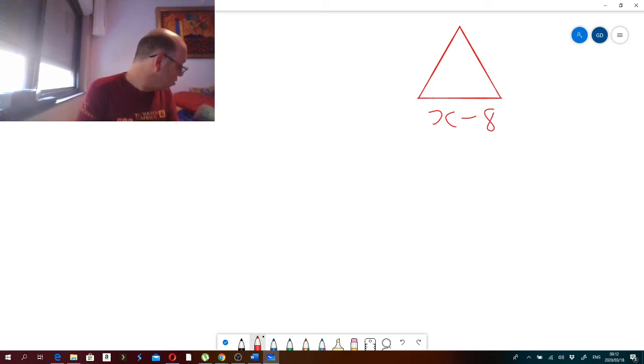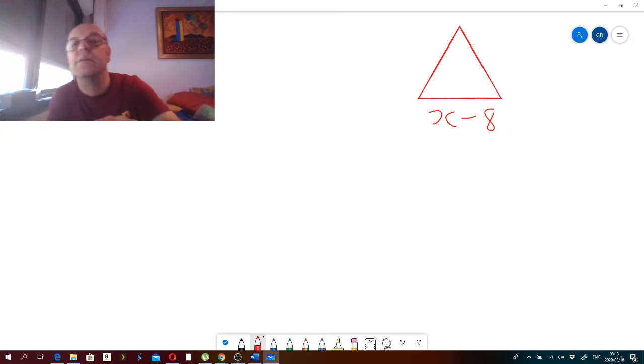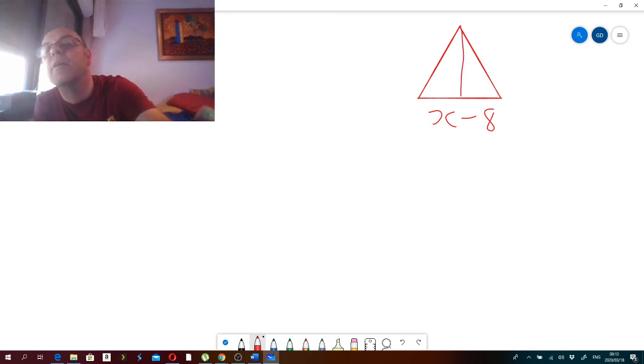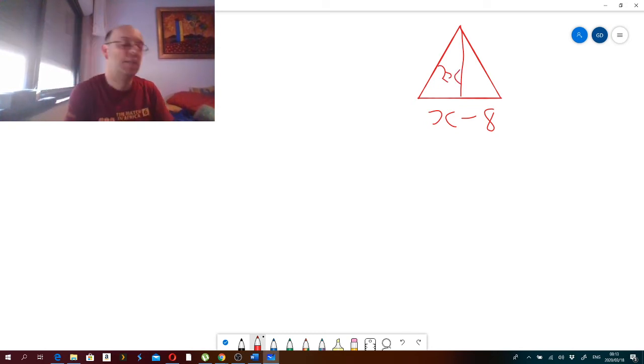And the height of 2x. Okay, so if we draw in a height here, then we know that this is 2x. Alright, so there's the 2x height. If the area is 20, we can calculate the height and the base length. Okay, so we know that the area is 20. Now what's the formula for area for a triangle?